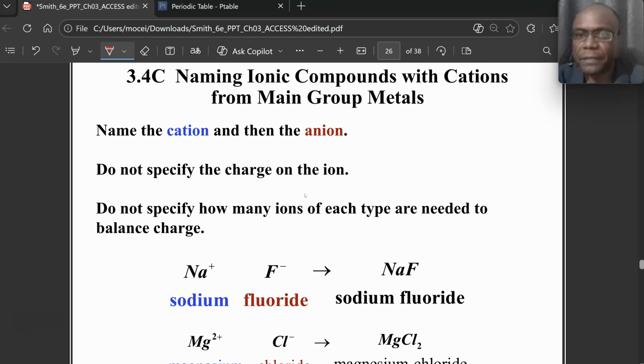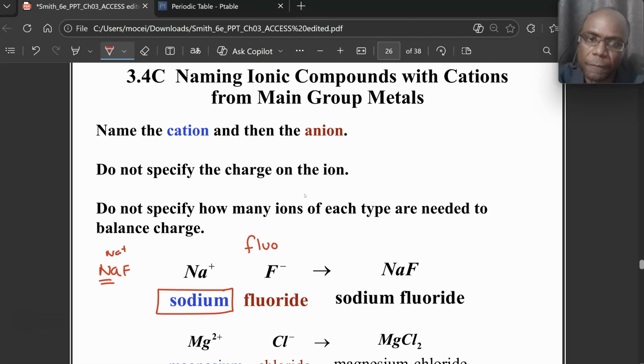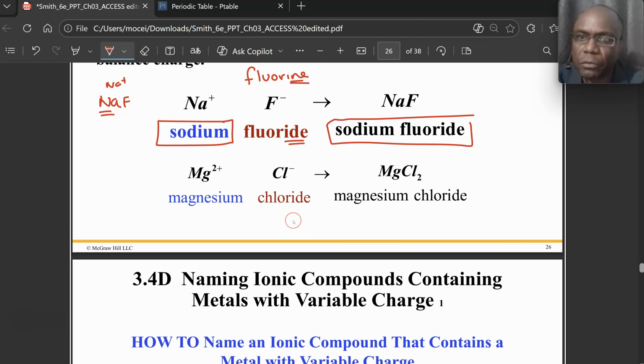So now let's put everything together. If you have NaF, knowing that sodium does not have any other charge, it's always Na+. Just give the name of the metal as is in the periodic table. Fluorine is a halogen, so we drop the ine and insert ide, so the name becomes sodium fluoride. Magnesium is in main group 2.